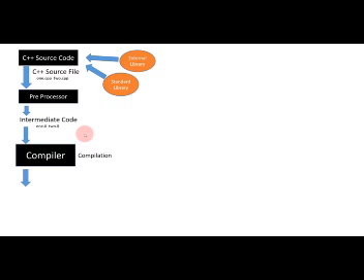Now here, since we are working with a C++ program, we will be using the C++ compiler, and the C++ compiler will take the output of the preprocessor, which is the intermediate code, and it will translate that to a lower level language. Now, a lot of compilers are available for C++. In this video series, we will be using the compiler provided by GCC.